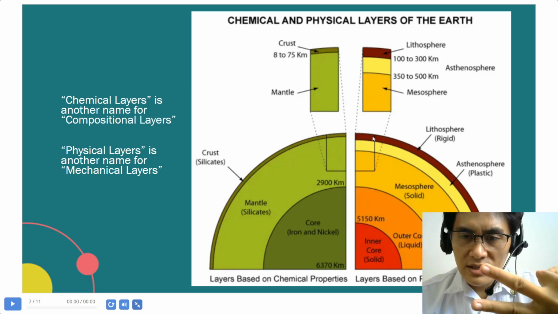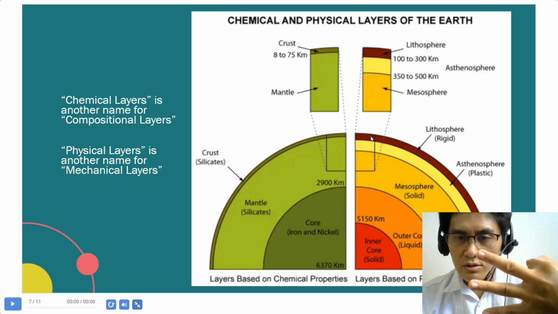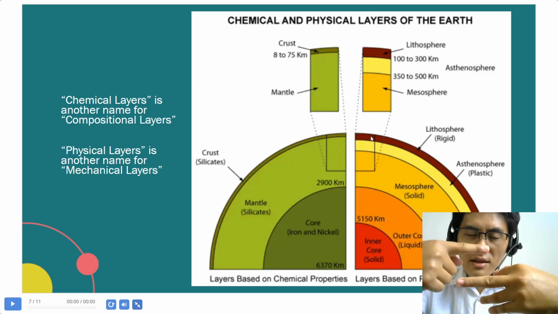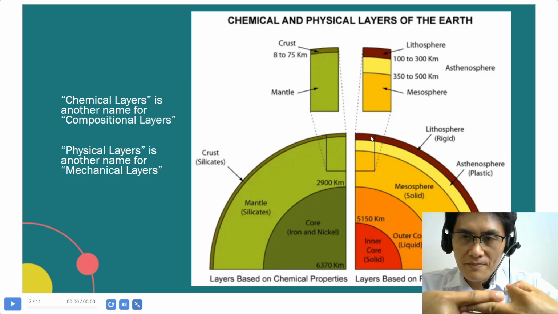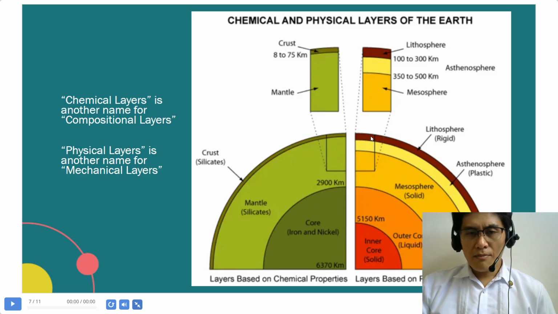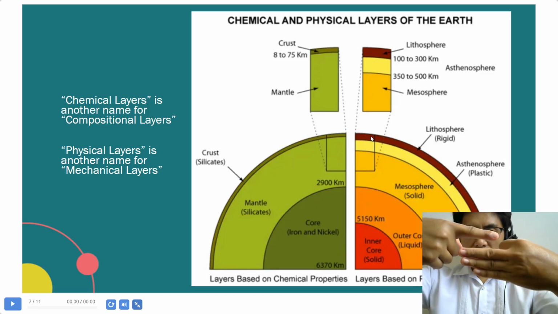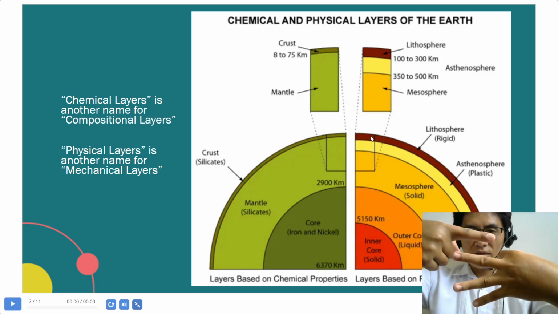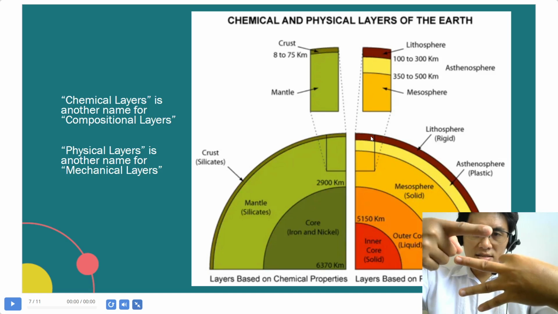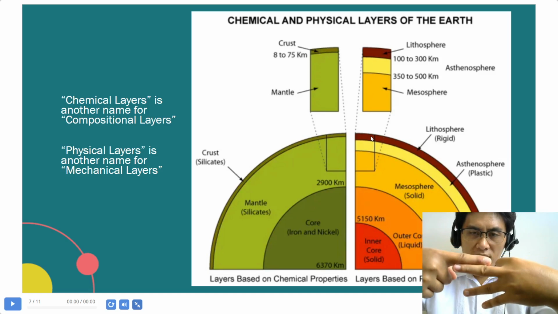What is confusing is this part, the lithosphere, because the lithosphere is now made up of two parts, the crust and the uppermost mantle. So again, to recap, you have the crust, you have the mantle, but the mantle is divided into three, and then the crust plus the first part of the mantle.